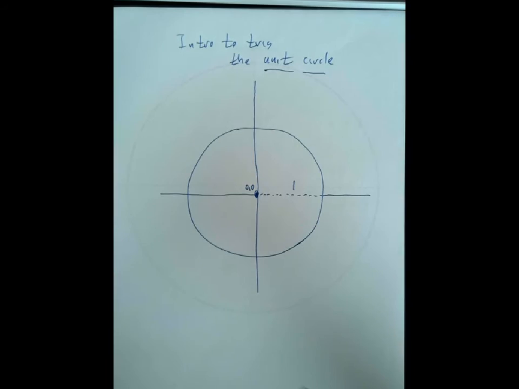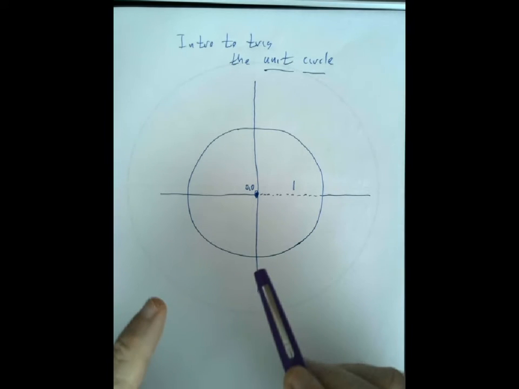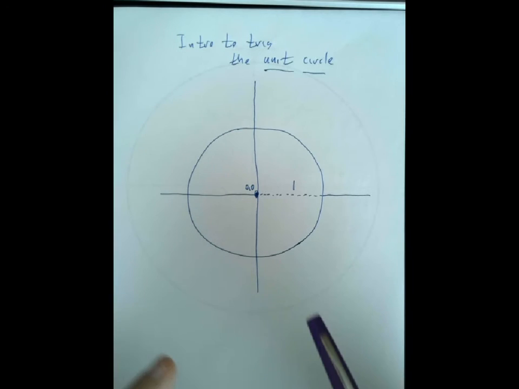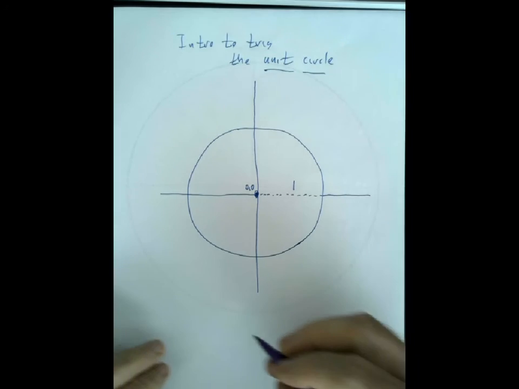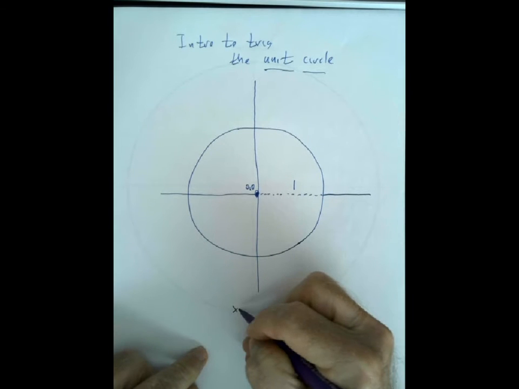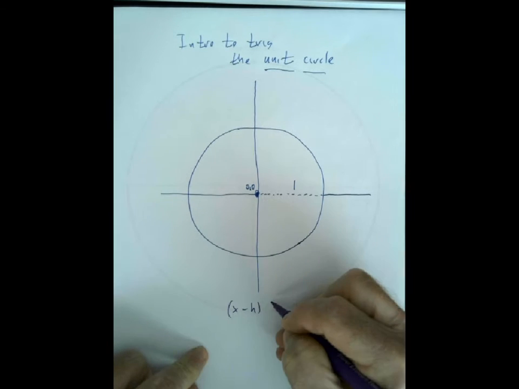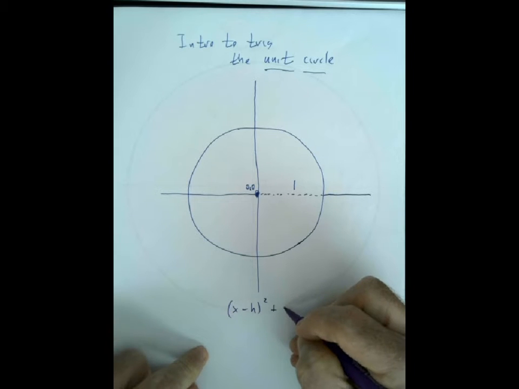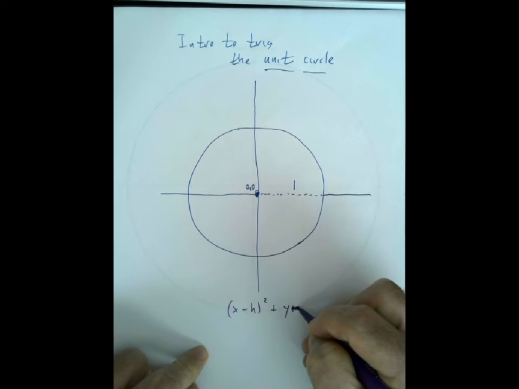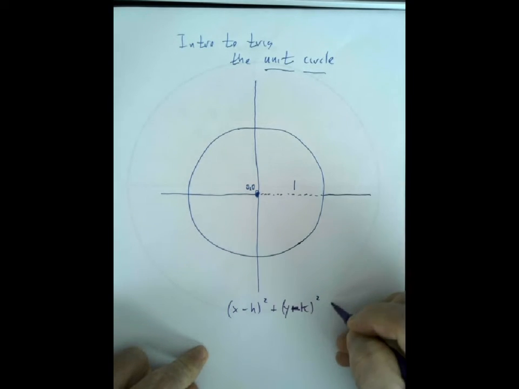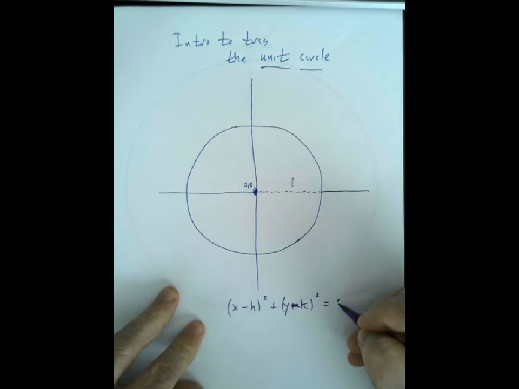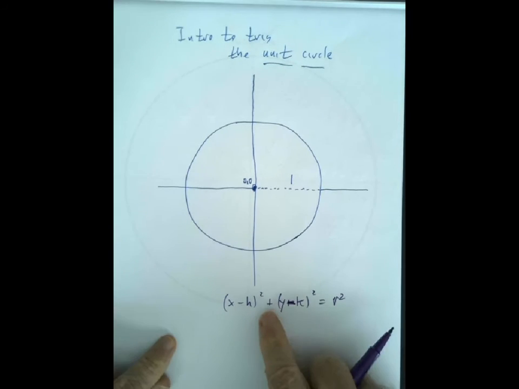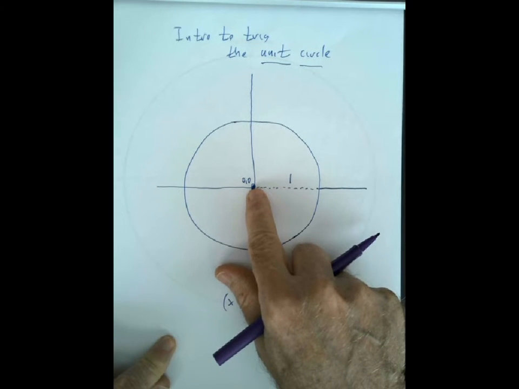And if you're a circle whose center is at the origin and whose radius is 1, it has an equation. Remember that in the world of circles, circles had this equation where h and k was the center of the circle, right? Which for us is going to be 0, 0 on the unit circle.